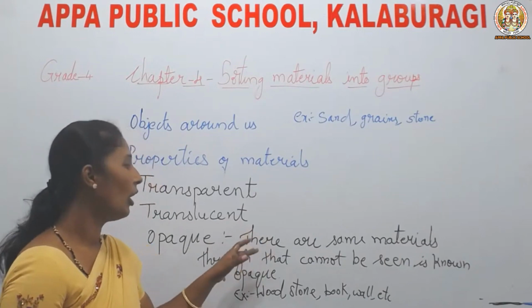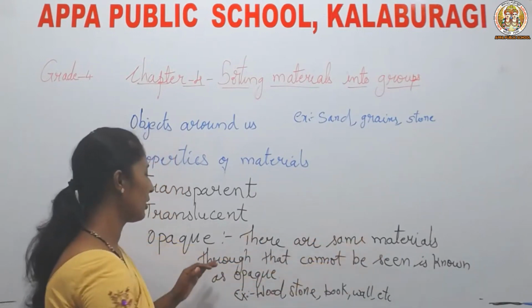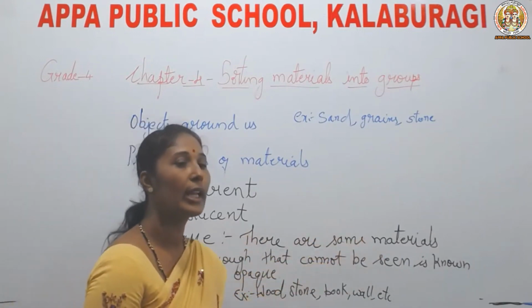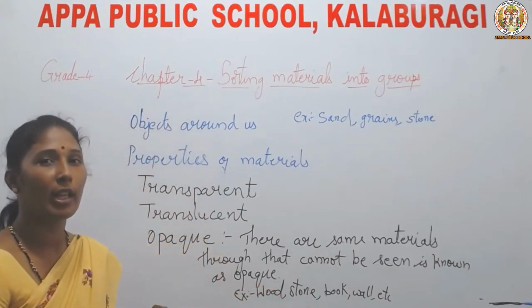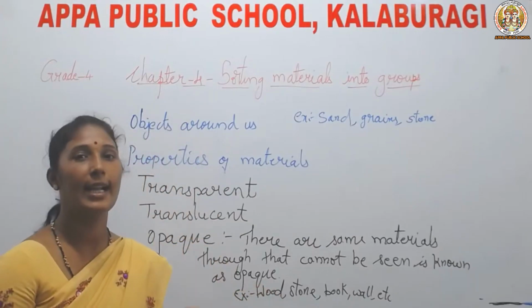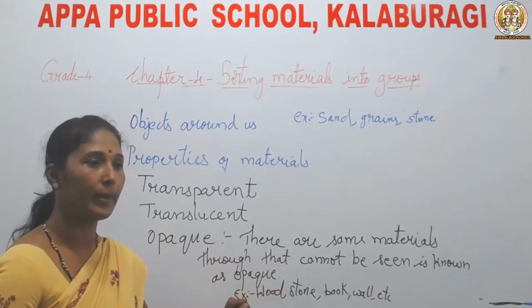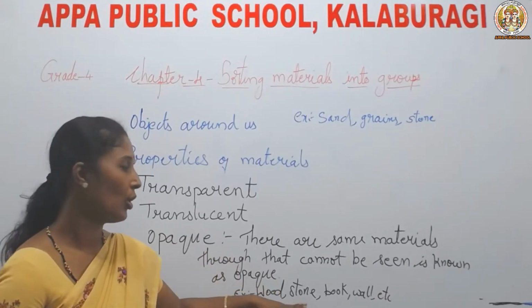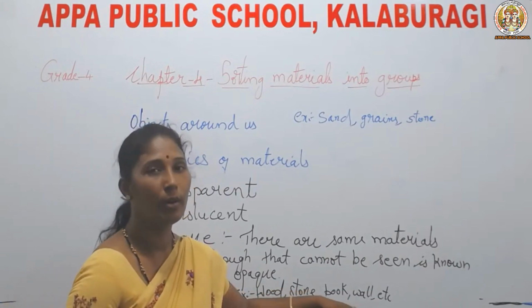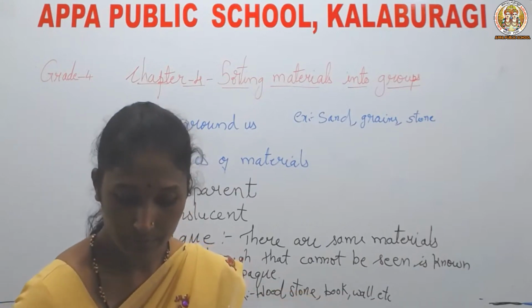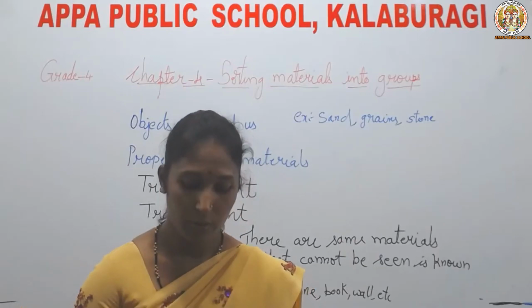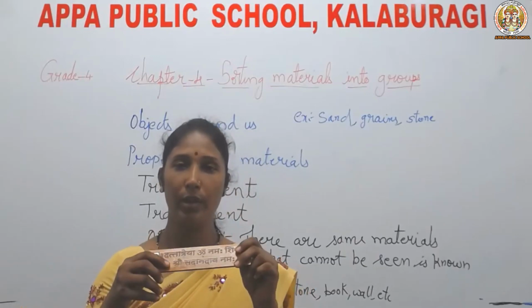So what is an opaque object? Those objects, or materials, through which we cannot see at all. We can't see anything on the other side. So those objects are called opaque objects. Example: wood, stone, book, wall. Yes. So it is a wood.